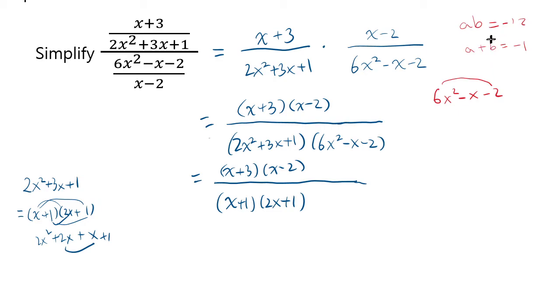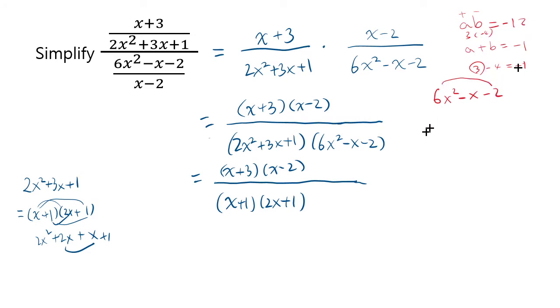Because the product is negative, one of them is positive and the other is negative. If b is negative and a is positive, then this is really like subtracting two numbers whose product is 12 and whose difference is negative 1. I would say 3 minus 4 is negative 1, and 3 times negative 4 gives you negative 12. So it's these two numbers, 3 and negative 4.